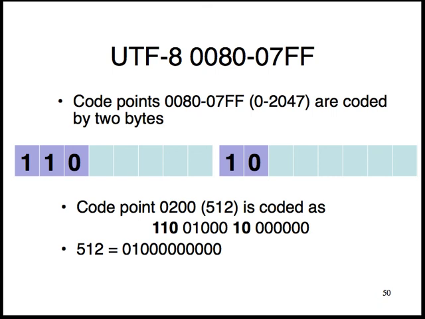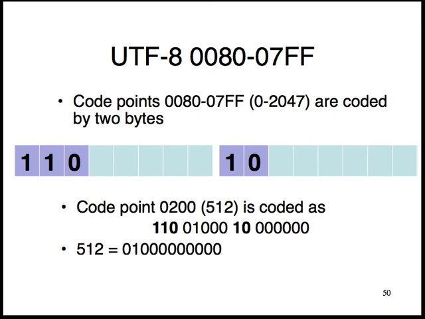So what we have now is we have 2 bytes, okay? And here we're coding character number 512, whatever that would be. Who knows what that could be? It could be Greek or something. I don't know. Okay? And there are different bits.